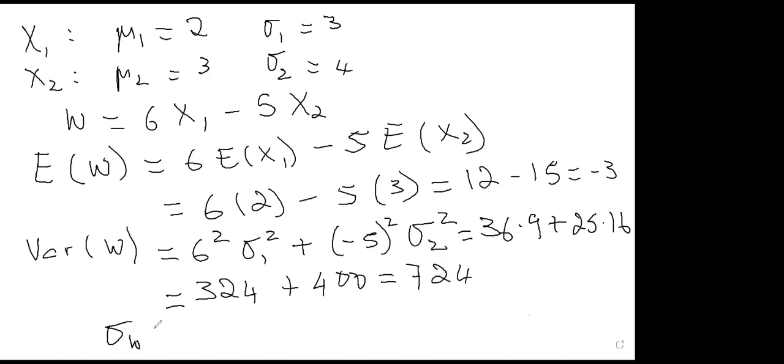And the standard deviation is the square root of 724. If you have a question, just let me know. So you can have a linear combination of two random variables if they are independent. For the mean, you don't need independence. For the variance, you need independence.